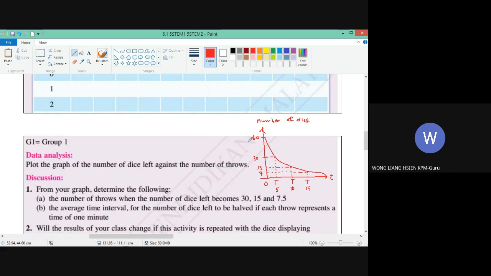So you have to throw the dice, find all the number 3, take out, and count how many dice are left. All of that you must do in 2 minutes. And then after that, you throw again, and you must do everything in 2 minutes. So every 2 minutes, you throw one time.